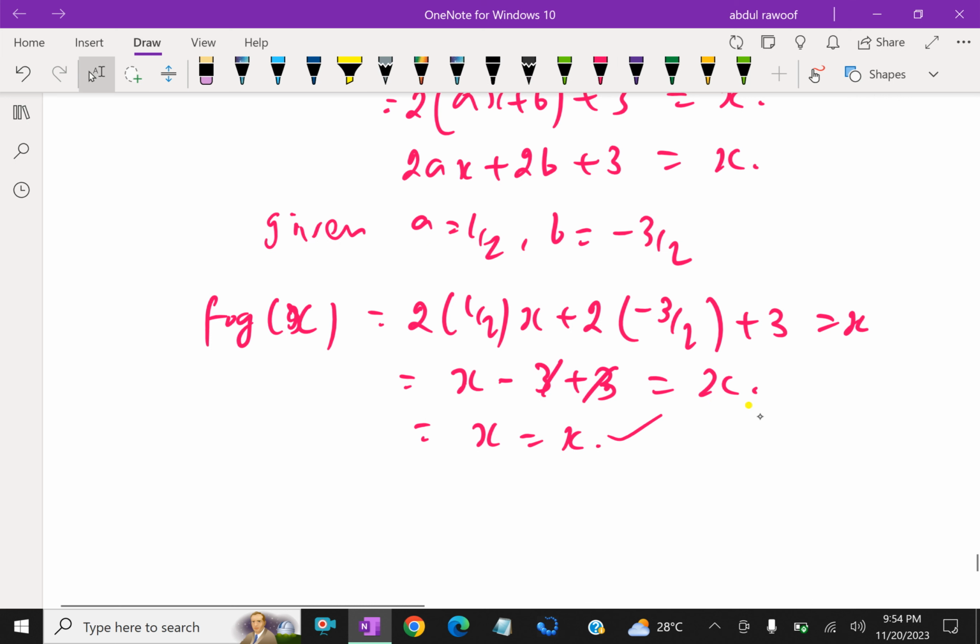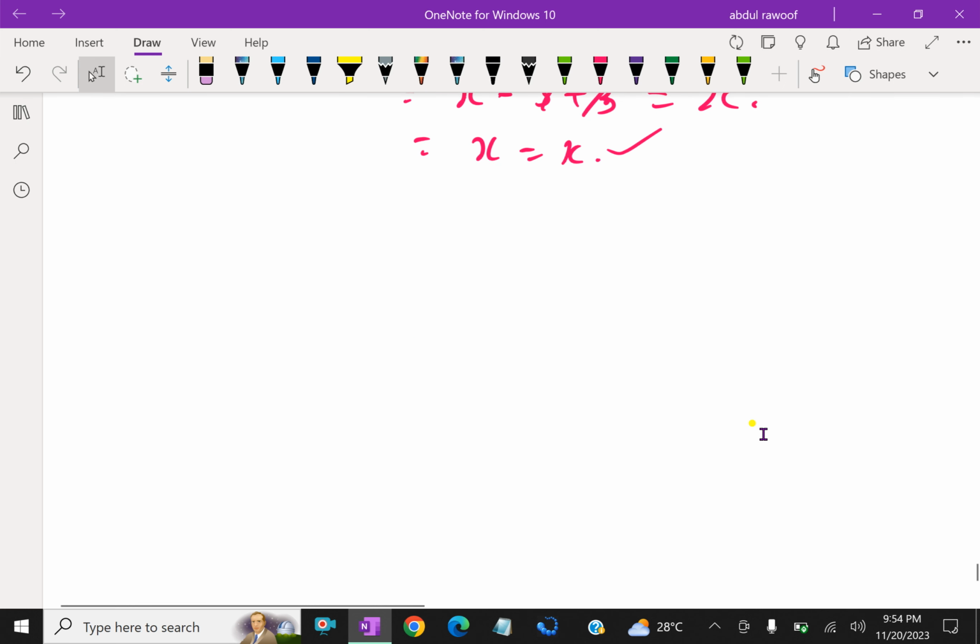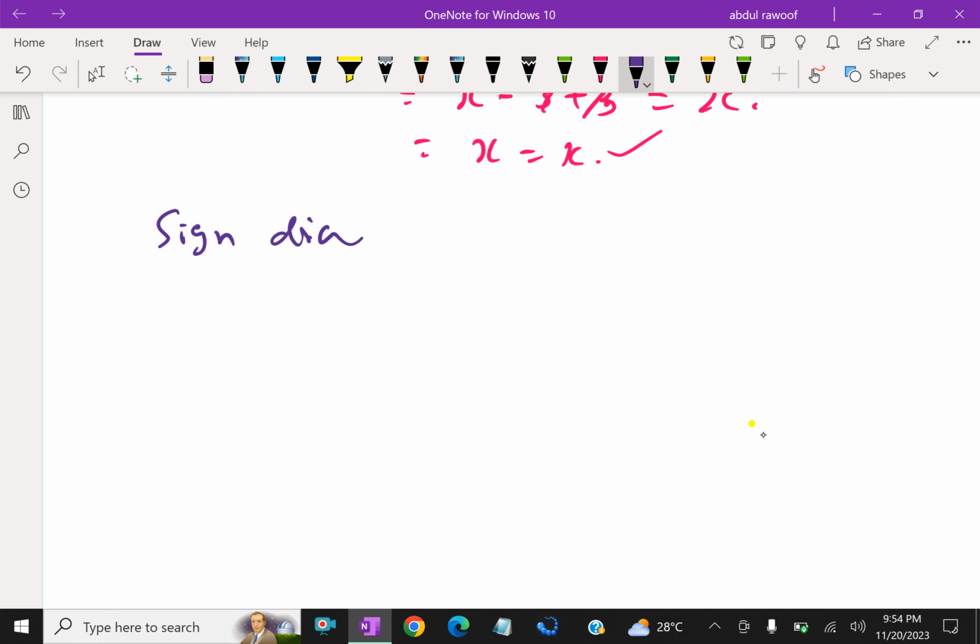Next is sign diagram. What is a sign diagram?